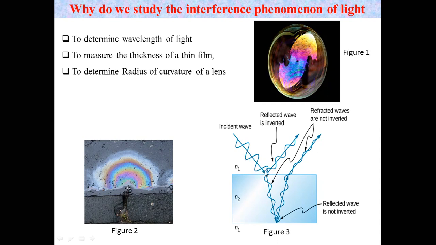When white light is incident on a thin film, such as a thin layer of soap or a thin layer of oil, the interference patterns of different colors are produced due to the superposition of reflected waves created from the same incident wave by the method of amplitude division.